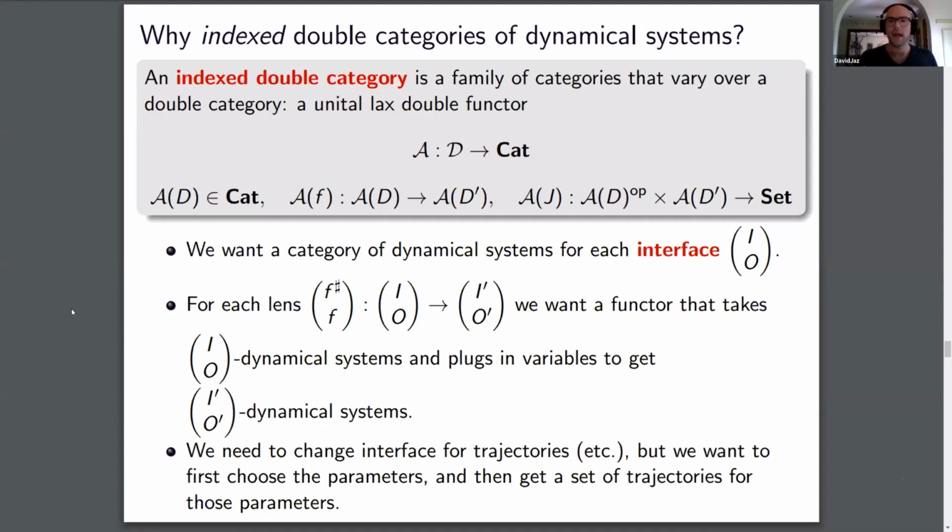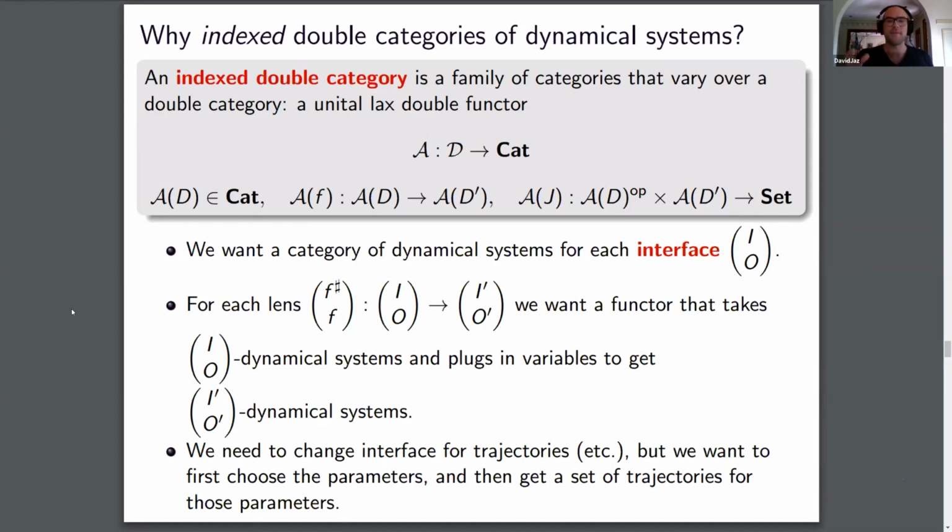So the way that I can have a family of categories that varies over a double category is an indexed double category. And by that I mean, for those who know, a unital lax double functor from a double category into the double category of categories, profunctors, and functors, with the profunctors horizontal. So what we're going to build is an indexed double category of dynamical systems.